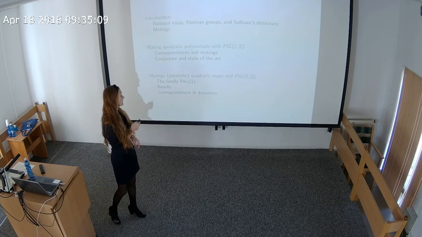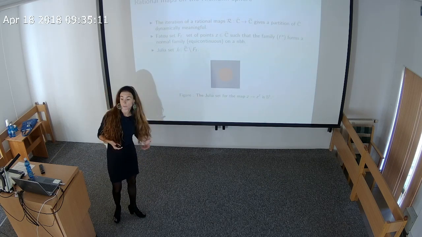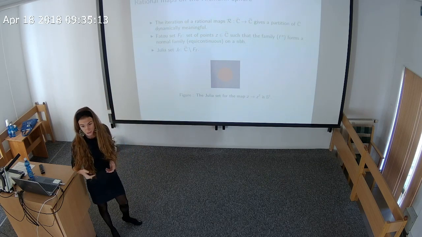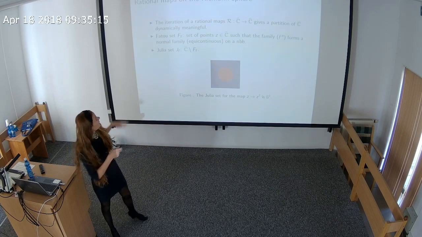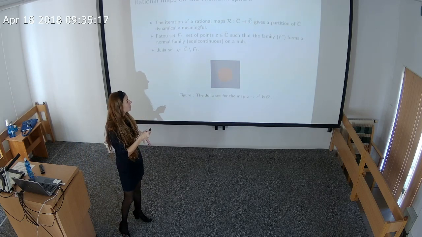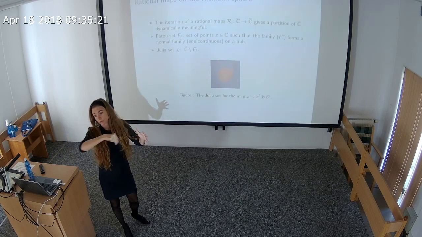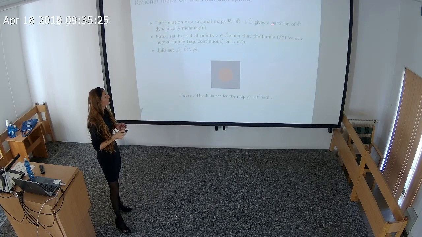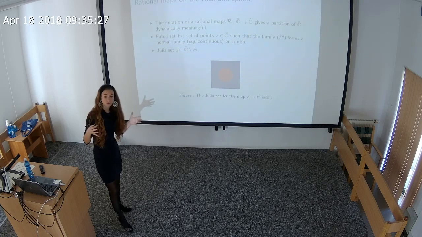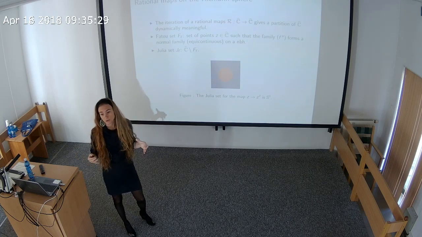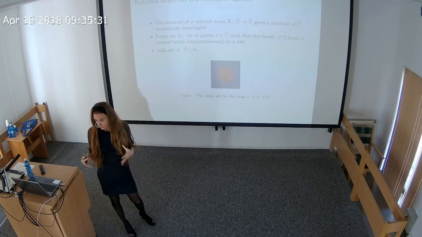But, well, let's start with dynamics of rational maps on the Riemann sphere. If you have a rational map on the Riemann sphere and you start iterating it on each point of the Riemann sphere, you get a partition of the Riemann sphere into complementary sets, which is dynamically meaningful.